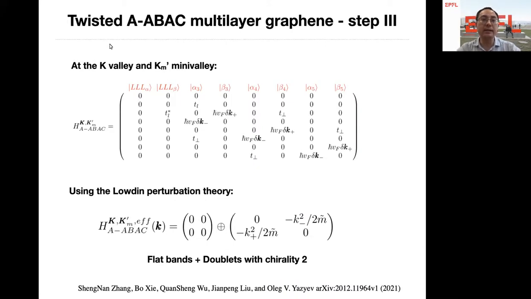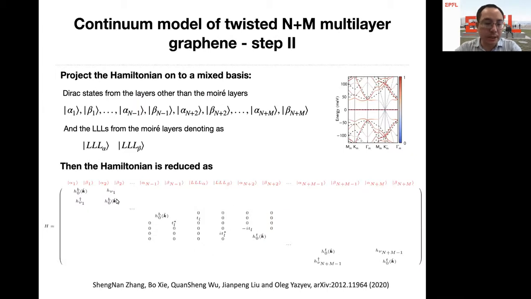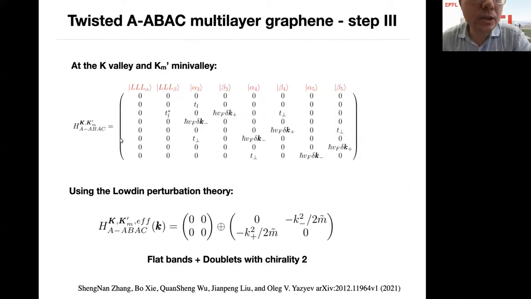Let's take twisted mono-tetra-layer graphene as an example to show the third step to obtain the effective model. This Hamiltonian is general in momentum space. If we want to solve it, we need to focus on the K_M and K_M prime valleys, and the Hamiltonian is written like this.